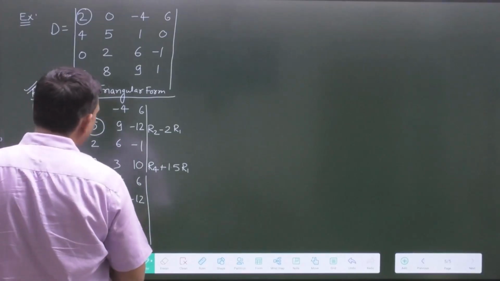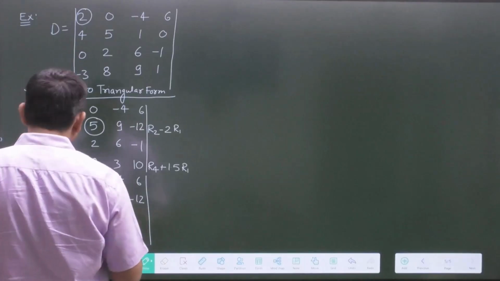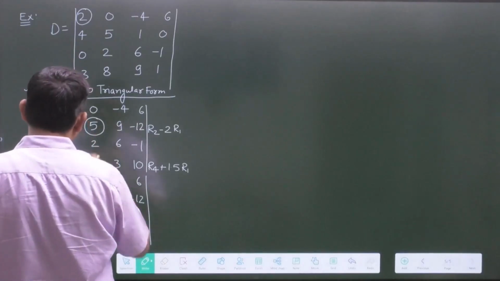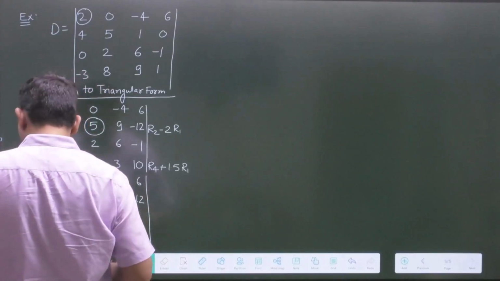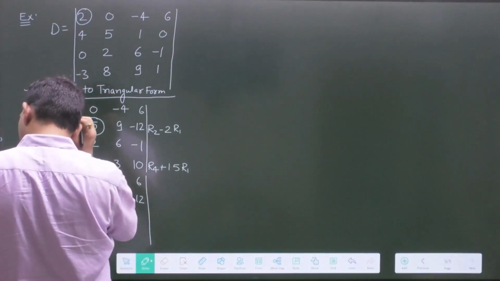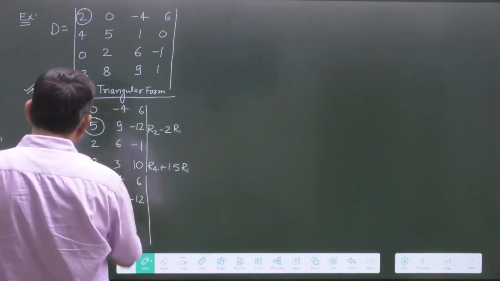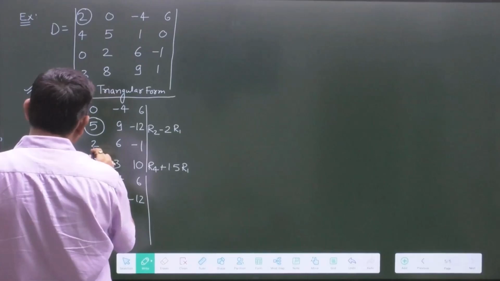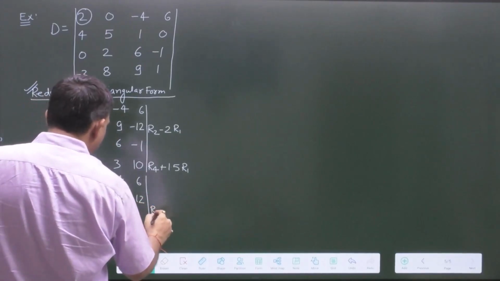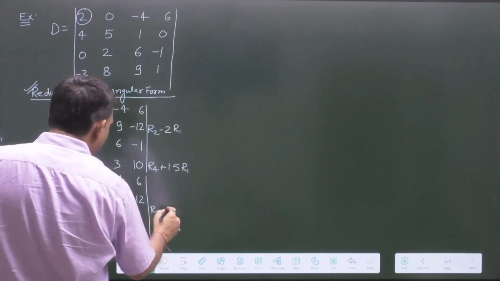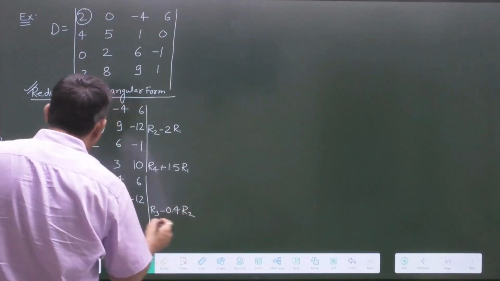So what operation will you perform? R3 minus 0.4 R2.